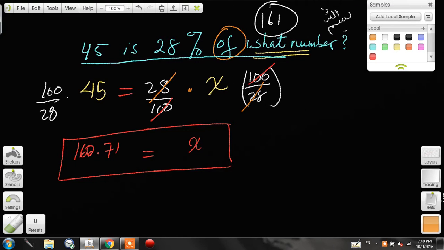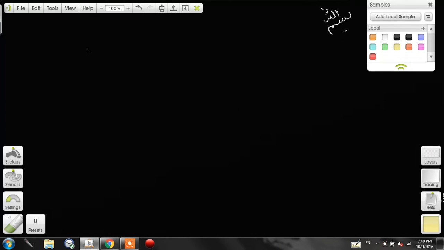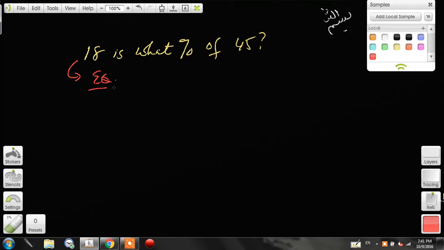So that's really it, solving these. The harder part of these questions is formulating the equation. But we have learned how to take an expression like 18 is what percent of 45, for example, and then you just translate this into an equation, and this becomes reasonably easy to solve.